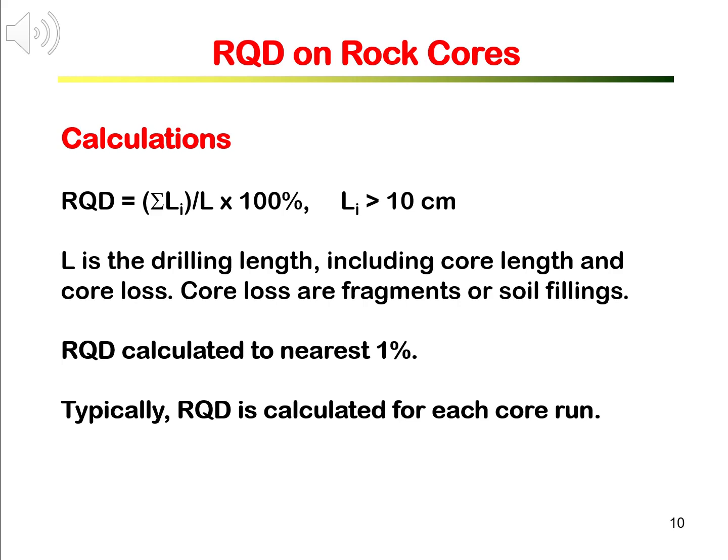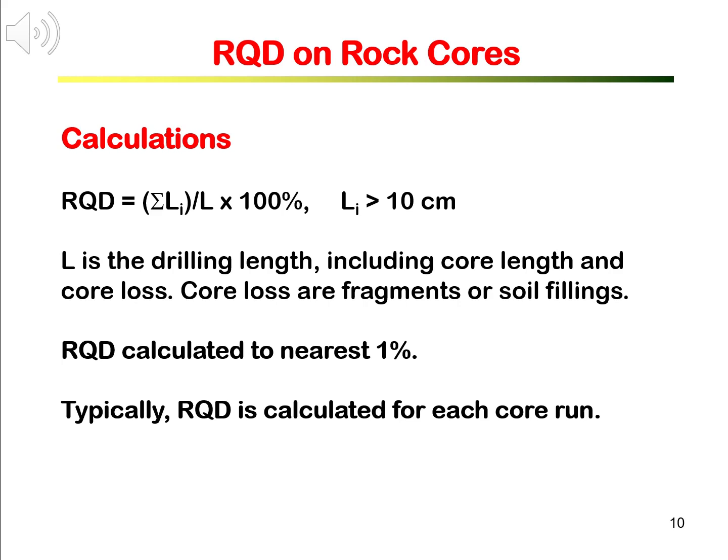Sometimes, when there are fault zones or filling materials, part of the cores can be lost in the drilling operation. Core loss generally represents that that particular section is very fractured material such as fragments or soil fillings.